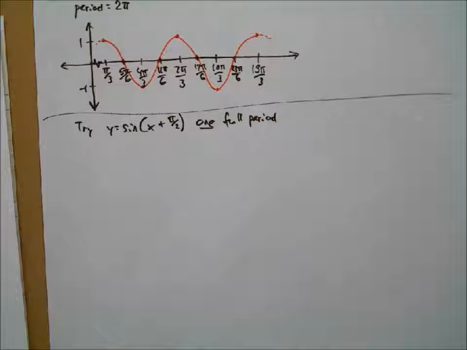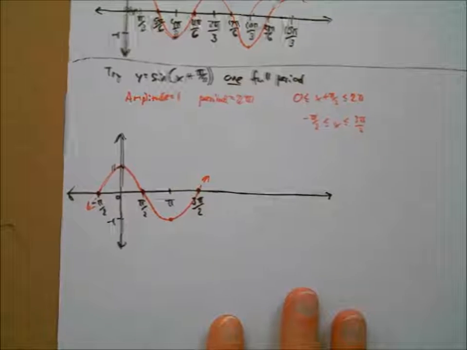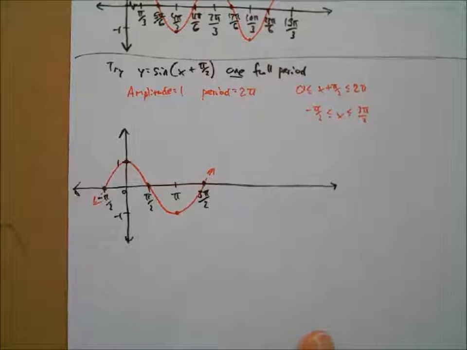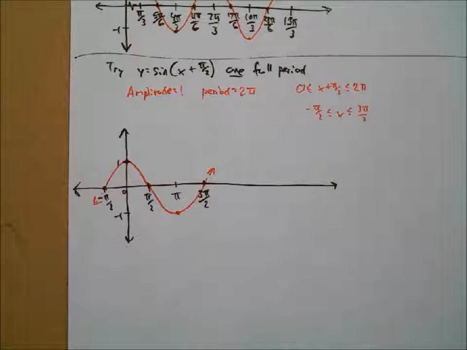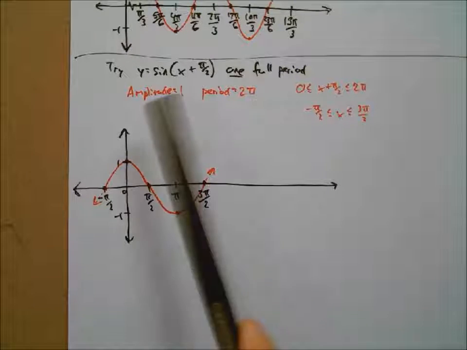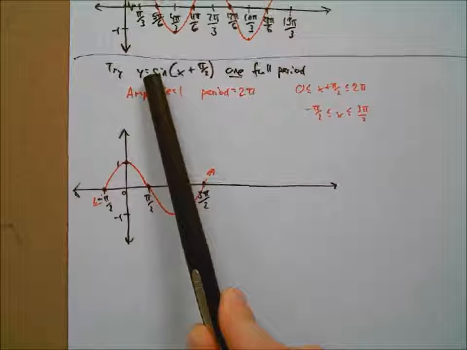Okay, something like this. Now, granted, I didn't say that you had to do the negative pi over 2 to 3 pi over 2, so maybe yours started elsewhere. But let me go through a few pieces of information first. Amplitude's 1, just taken from the number in front of the sine there.